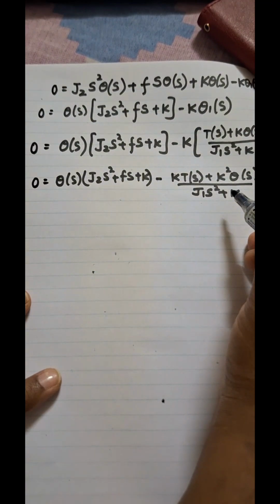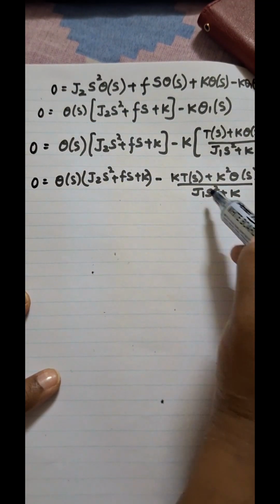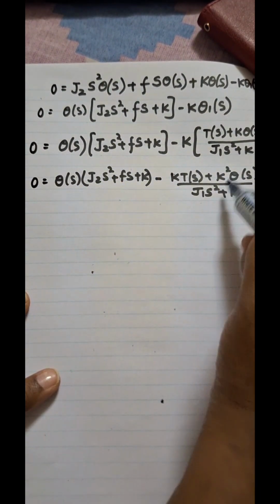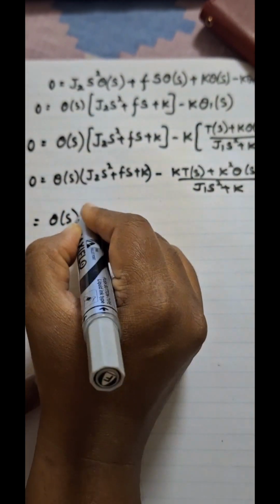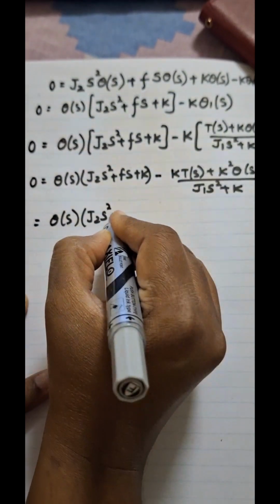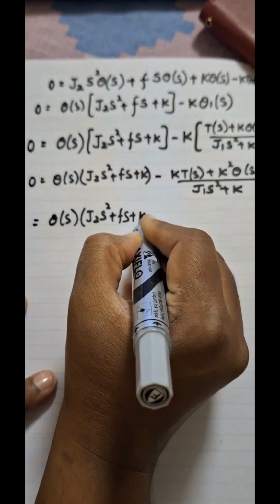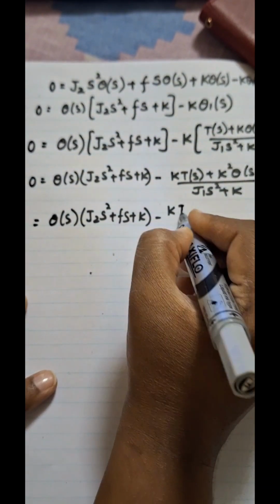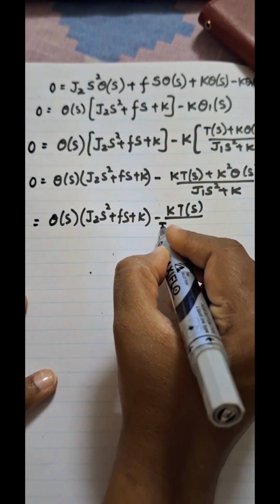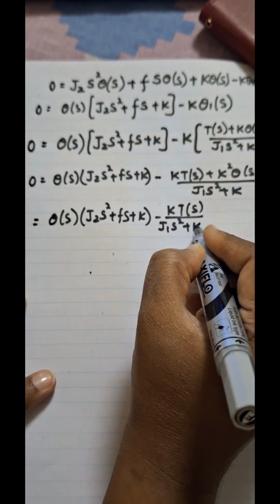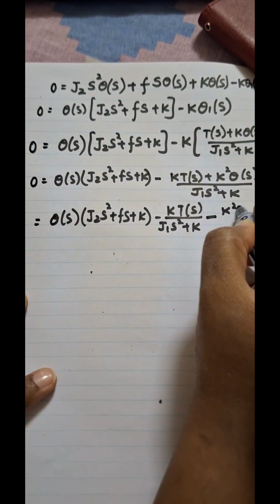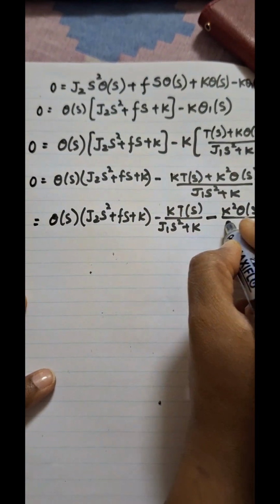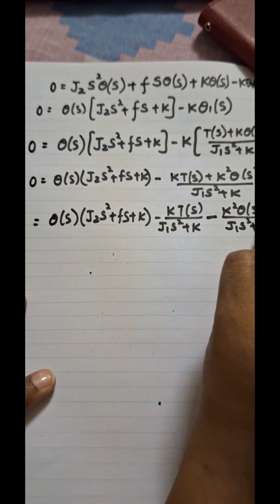So if I take theta of s as common, let me first write these two. Okay, so what I will do is theta of s into J2 s square plus fs plus k minus k T of s by J1 s square plus k minus, because minus into plus is minus, minus k square theta of s by J1 s square plus k.